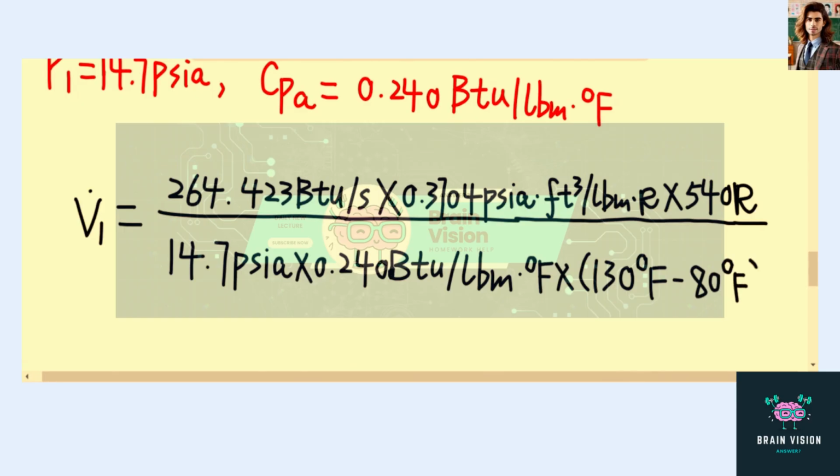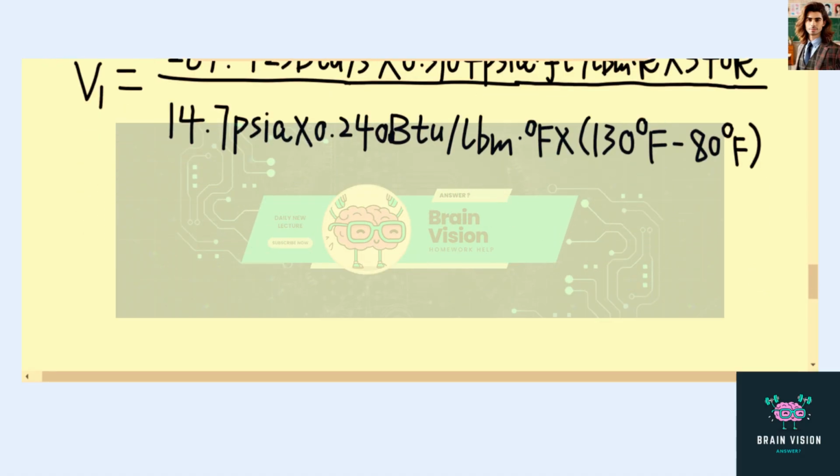So the reason why we use Fahrenheit in this case is because the specific heat of the air is composed with the units degree Fahrenheit. So therefore we use the corresponding units for the temperature, which is degree Fahrenheit in this case. Okay, so now let's determine the answer.